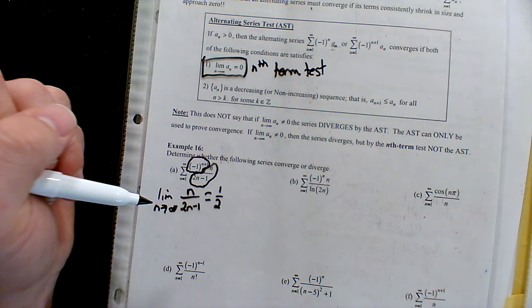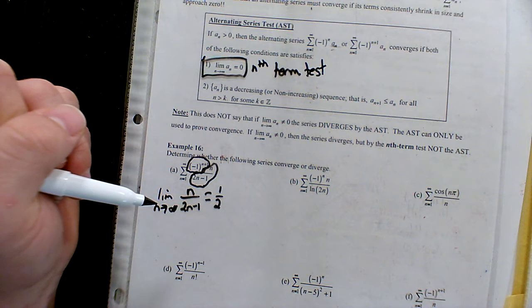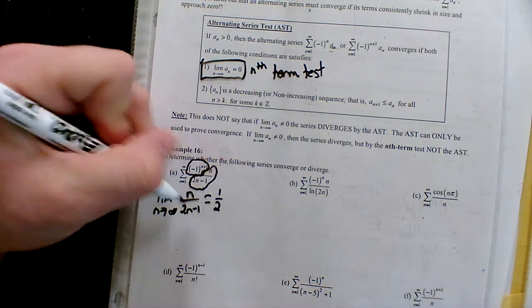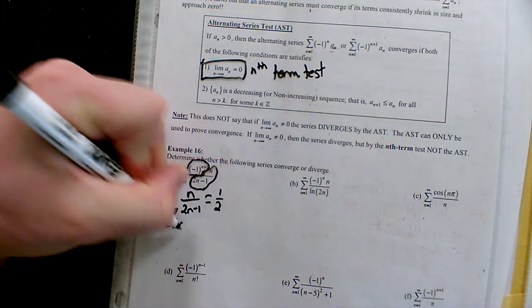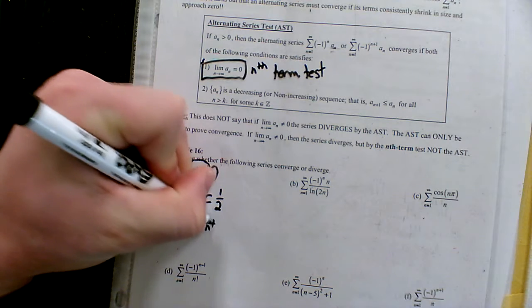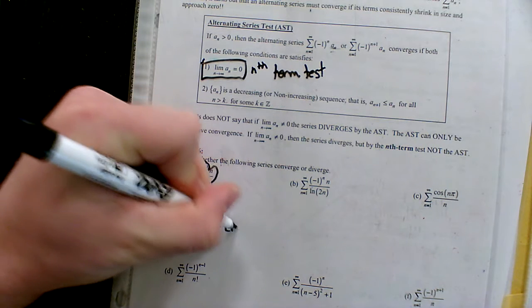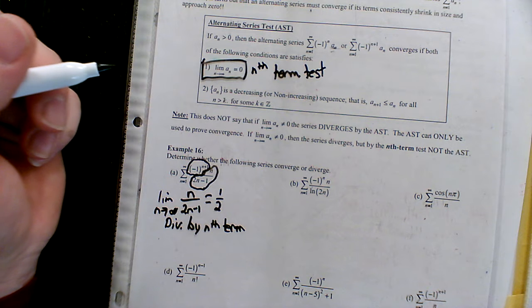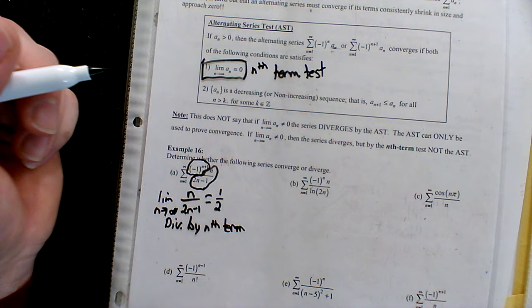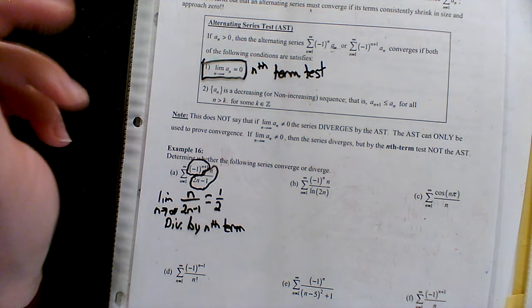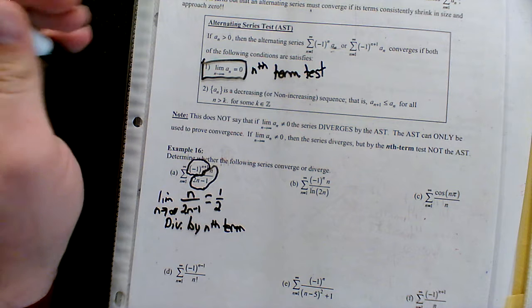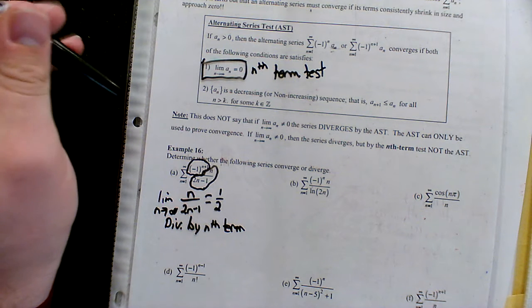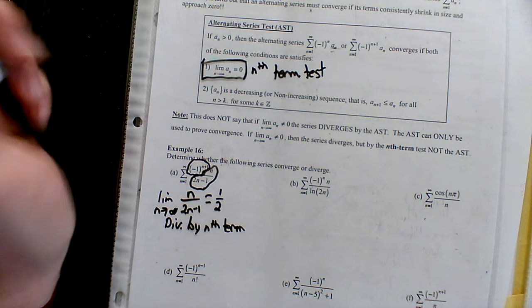Why does it diverge? Yeah, it's not equal to 0, so it diverges by nth term test. So we're done. We don't even have to go on to the alternating series test because we concluded by the nth term test that it diverged. So that problem's done.